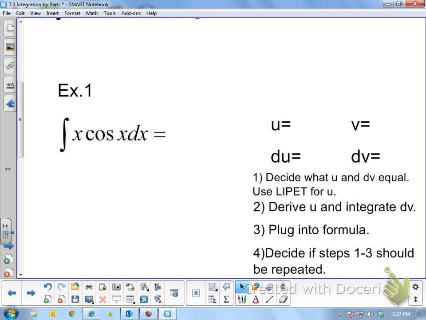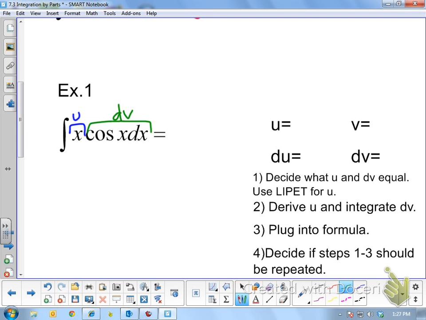So on this particular function, I would pick x to be u. And there's a little way to remember, but just to show you what we're picking, I would pick x to be u, and I would pick everything else to be dv.